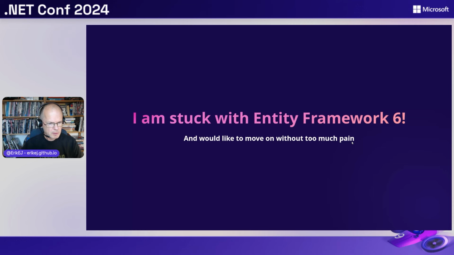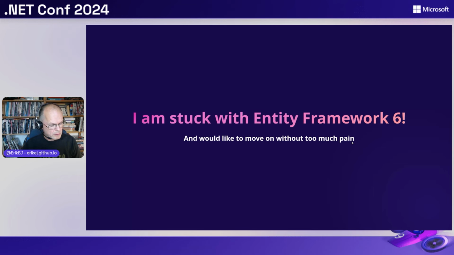And being stuck with Entity Framework 6 also means that I can't take advantage of the new security features in Azure SQL Database, like passwordless authentication with Entra ID, and maybe features like Always Encrypted, many other features, a lot of them relate to security, that are available these days in both SQL Server 2022 and of course Azure SQL Database.